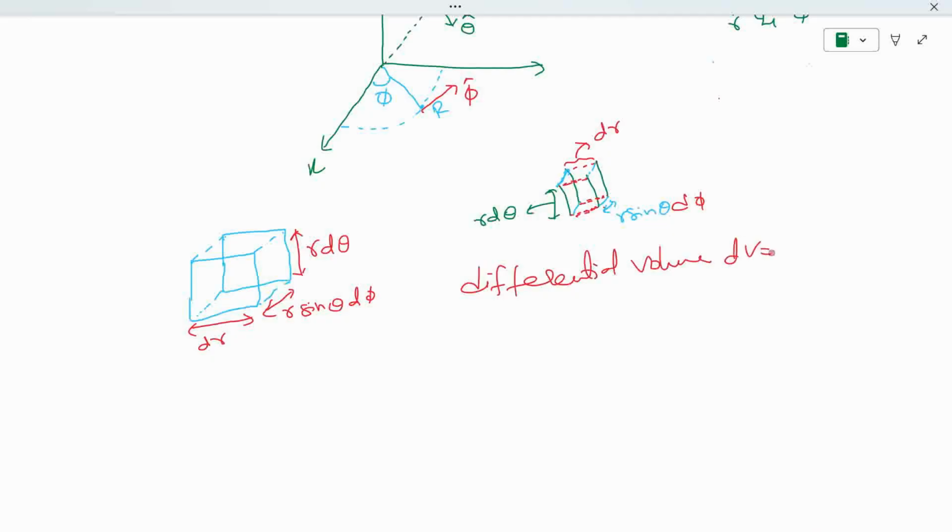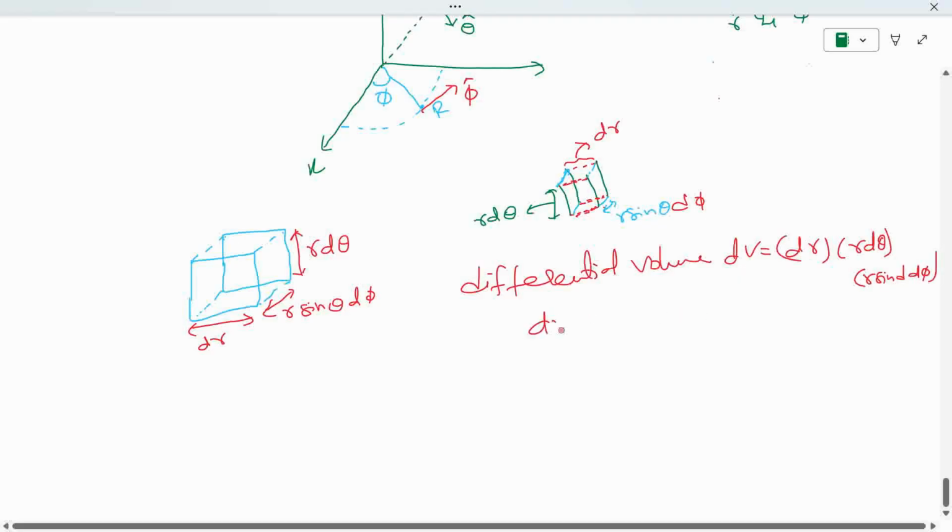dV is equal to, so let's multiply dr times r d theta, multiplied with r sin theta d phi.